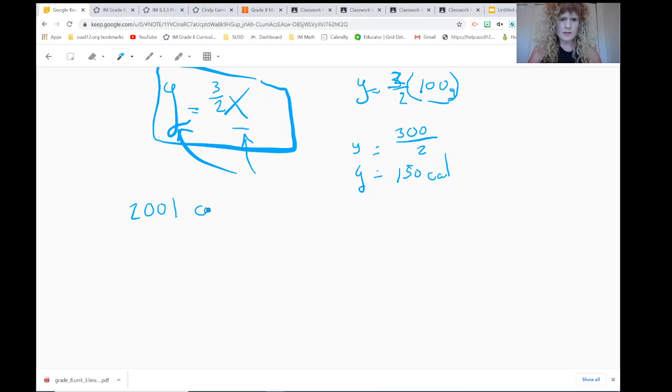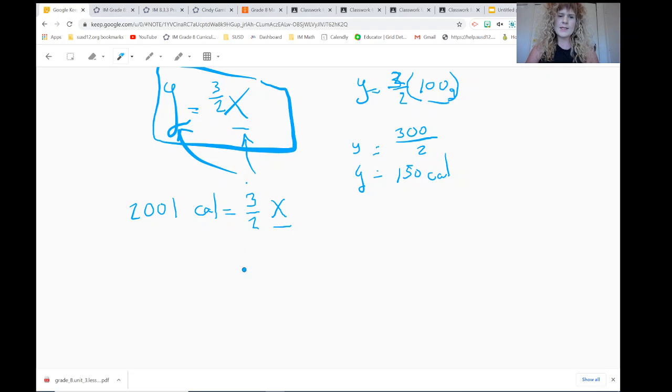That's calories. Make sure you pay attention to the units so you know if that's your y value or if that's your x value. And then our rate constant was 3 over 2, which means 3 calories for every 2 grams of fish. How many grams of fish is that? So now we're solving for x.